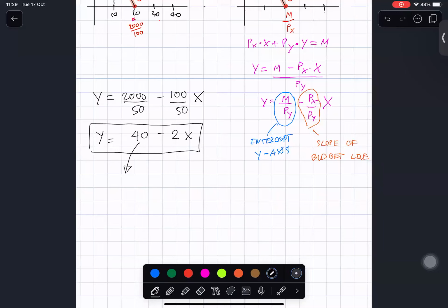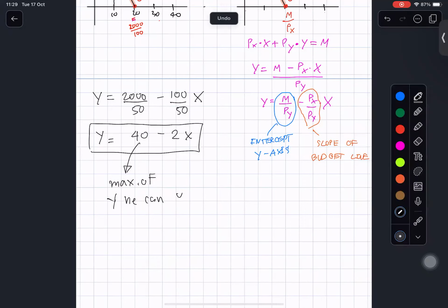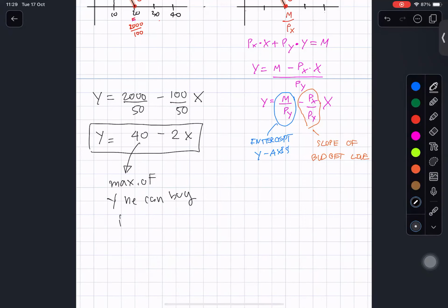So this intercept tells this, M over PY, which in the numerical world is 40, refers to the max of Y he can buy if he buys no X, if he doesn't buy pizza at all. Yeah, similar to this.